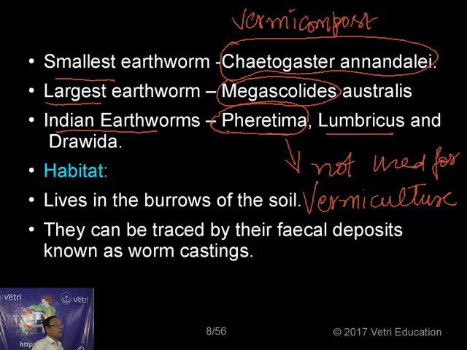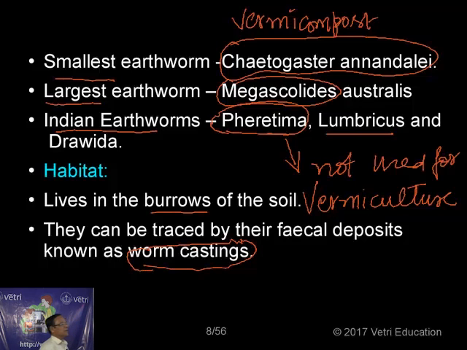Now let's go one by one: the nature of the earthworm in relation to the habitat, the external morphology, internal organization, etc. As usual, it lives in burrows. It is a burrowing animal. How can you know that in a particular place we have the earthworm? Their presence in the soil can be traced through the excreta released by them, called worm castings.